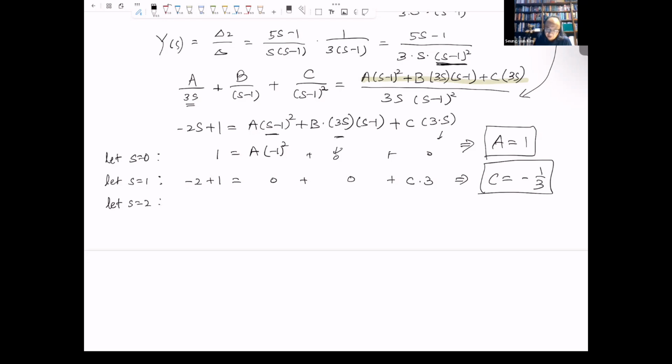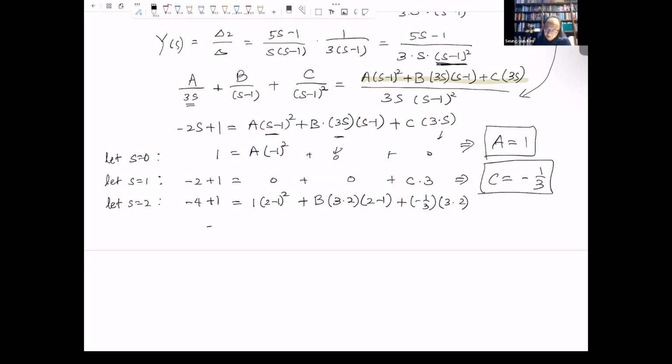So we use s equals 2, then negative 4 plus 1. And then we found A as 1, so 1 times (2 minus 1) squared plus, we don't know the B yet, B times 3 times 2 times (2 minus 1) plus C, which is negative 1 over 3, times 3 times 2.